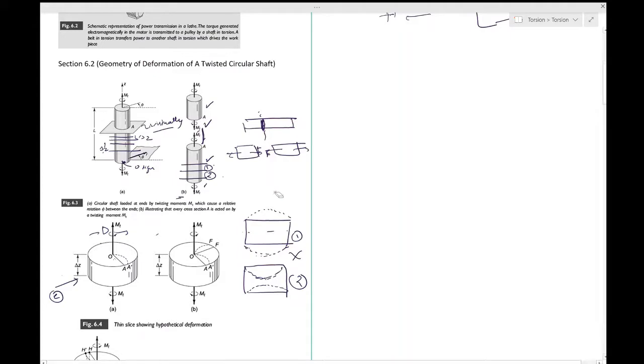Now consider the other case. Let me draw this. Okay, again 1 and 2 as usual. So this time I am telling you that if one face dishes in, say this one, the other face of this slice will also dish in.